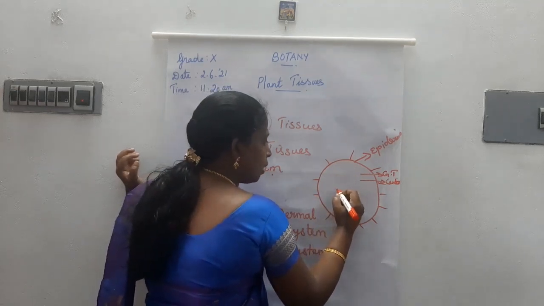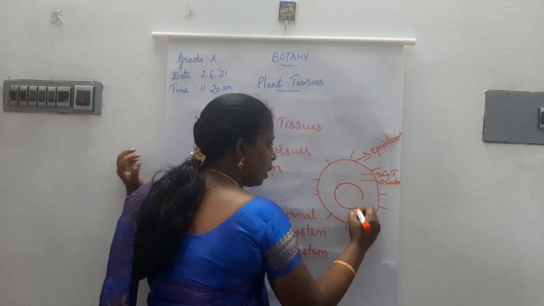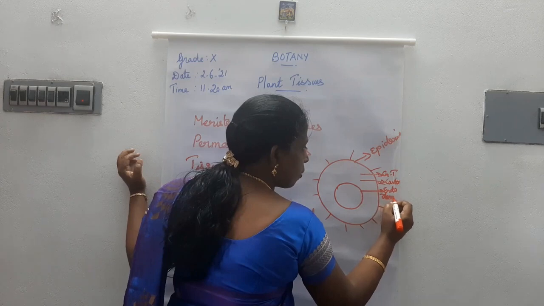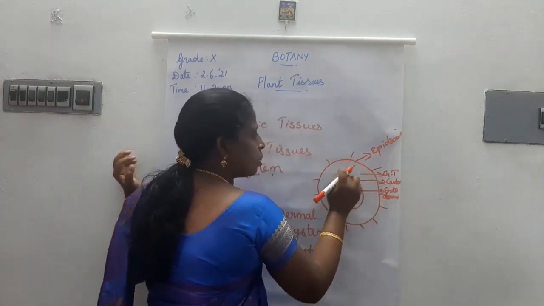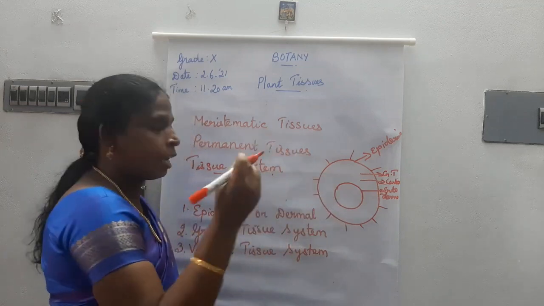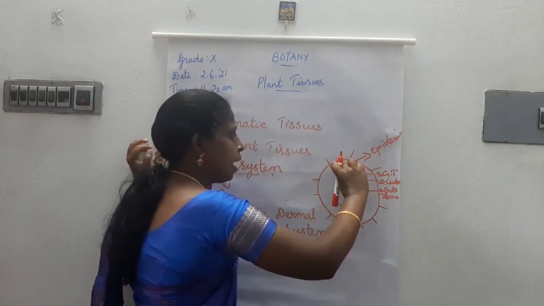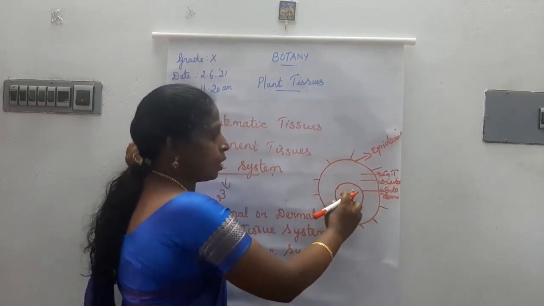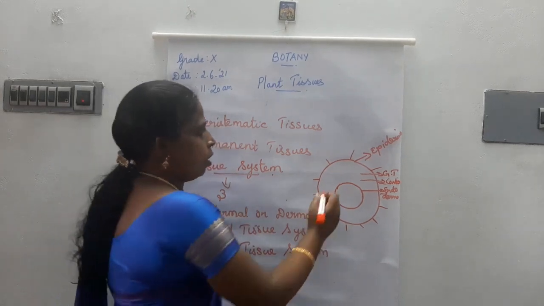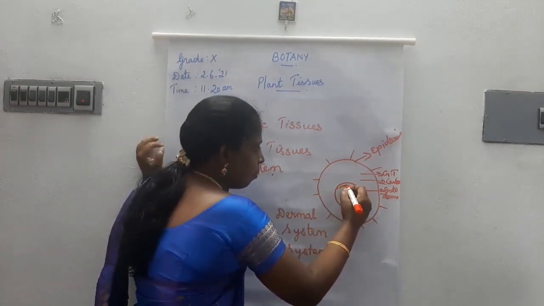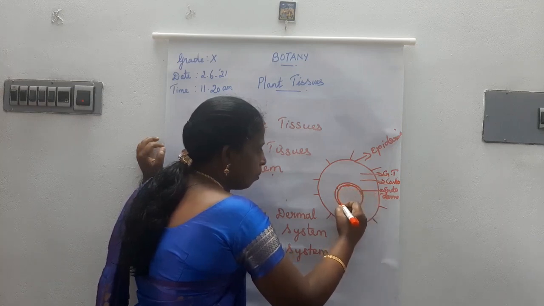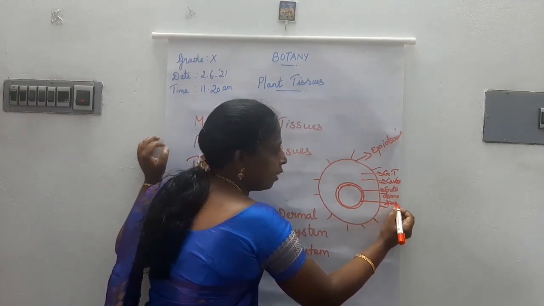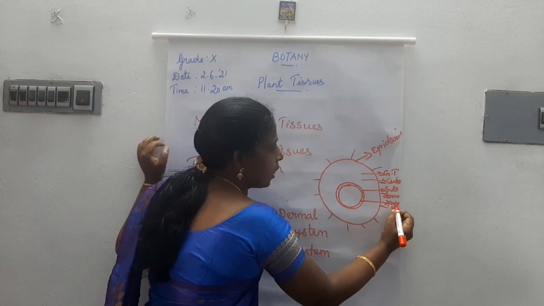Inner to the cortex, the inner layer of the cortex is called the endodermis. Inner to the cortex, there is one more layer of barrel shaped cells, that is called the endodermis. Below the endodermis, again one more layer of parenchymatous tissue is there, that is called the pericycle.